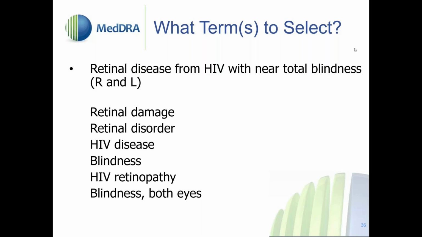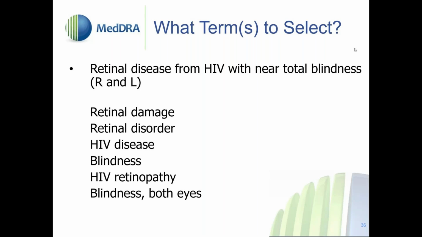However, blindness is not typical in HIV retinopathy. So we are receiving more than one significant bit of information in this report. We do have the information that they had retinal disease, that they had HIV, and that they had total blindness in both eyes or near total blindness.